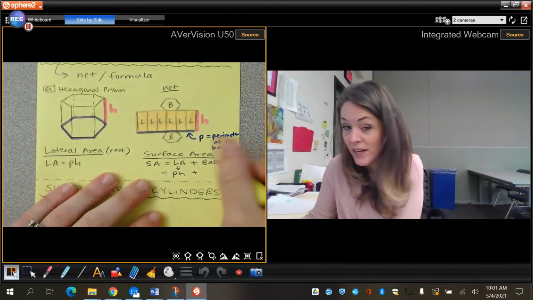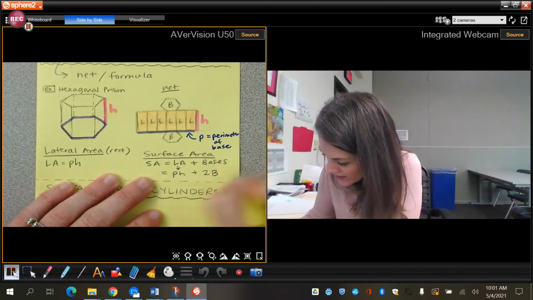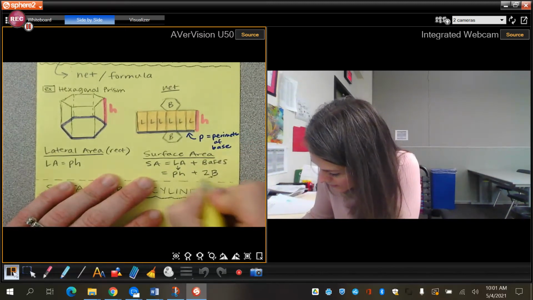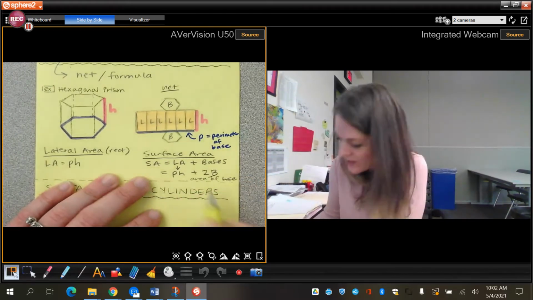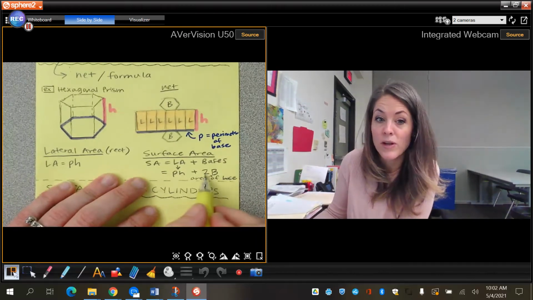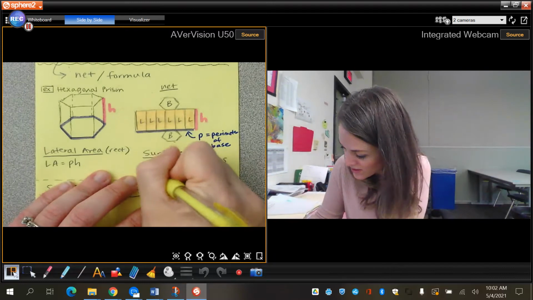So we have to keep it general. So this is going to be 2 times capital B, where that's the area of a base. So B is the area of the base. We're going to multiply it by 2 to get both bases added together. So that's the surface area.